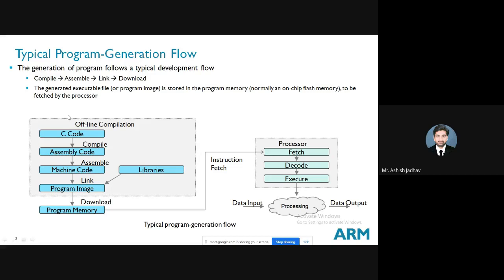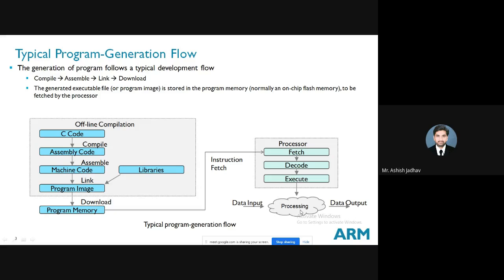Once you write such a program in C language, it will be converted into assembly language. Then it will be assembled to machine language. Then it will be linked with other libraries, and a single program image is created. That image or executable is loaded in program memory. Then the processor can fetch, decode, and execute.